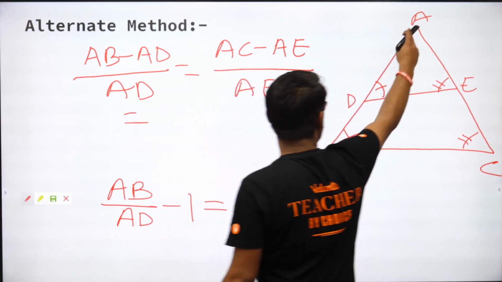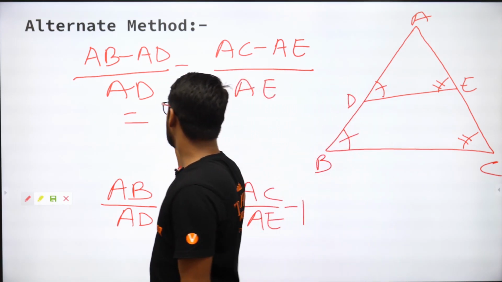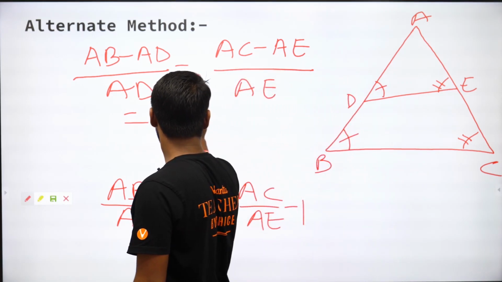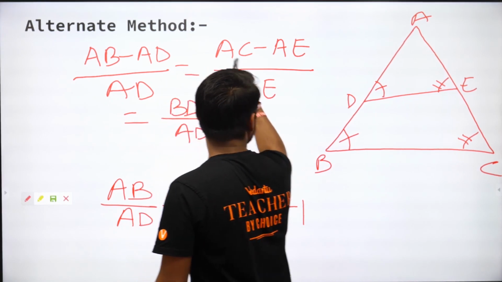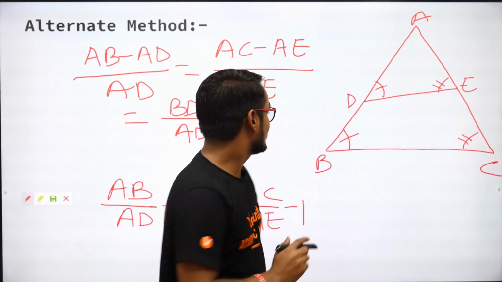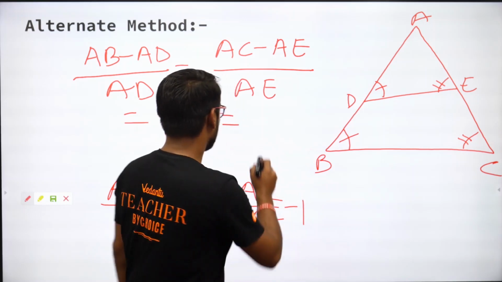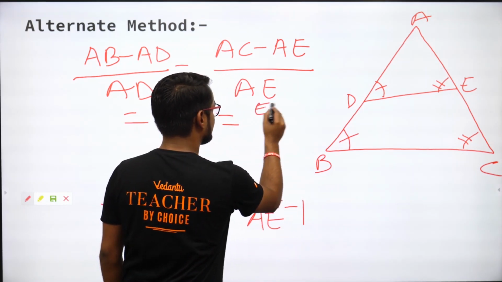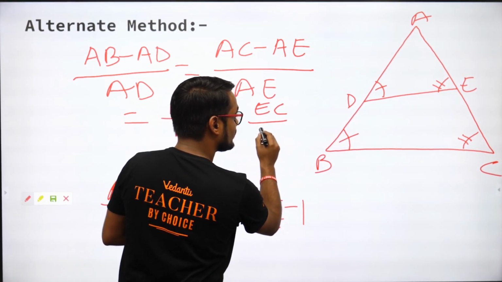Once you do AB minus AD, that is BD. So here we got BD upon AD, that is equal to AC minus AE, that is EC. So this is EC upon AE.